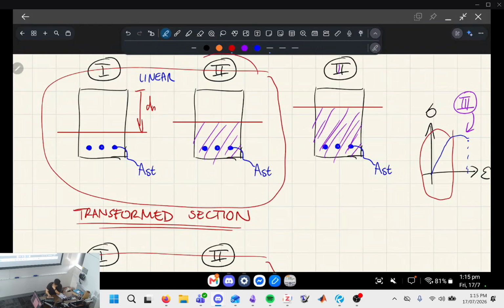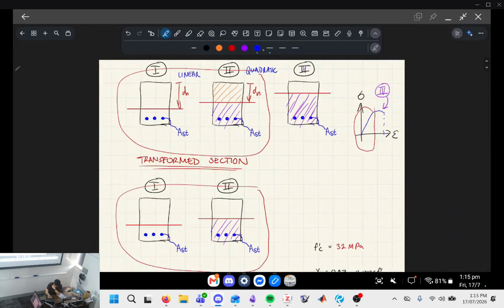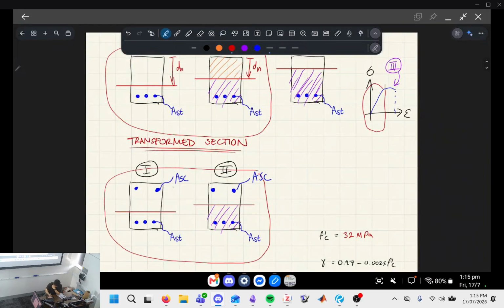For stage 2, the concrete area itself is also going to be a function of dn, right? So you have to start to solve this quadratic. And I believe if you've got compressive steel as well, like so, you'll find that the first method, when you're trying to find dn, is still linear.